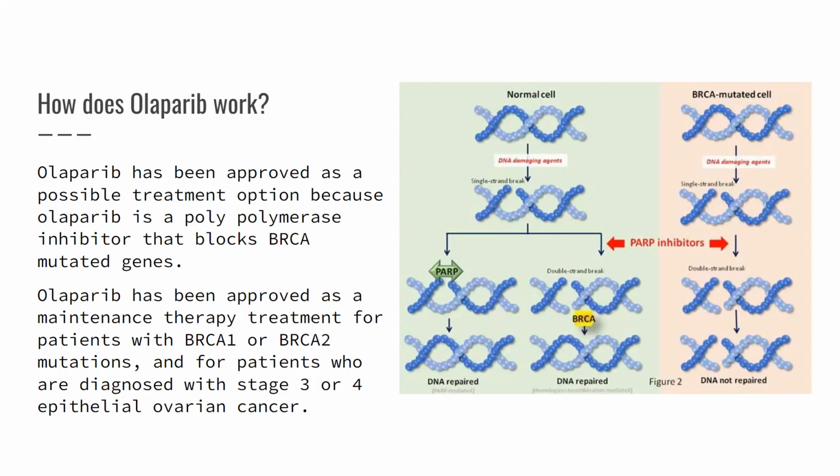It causes those cancer cells carrying a BRCA mutation to die, therefore proving that Olaparib can also be a great maintenance therapy treatment for patients with the BRCA1 or BRCA2 mutations, those mutated genes.